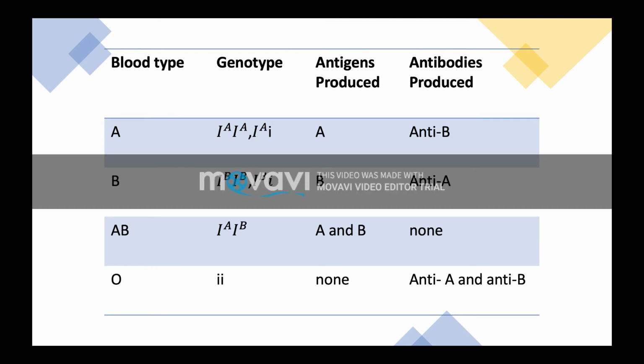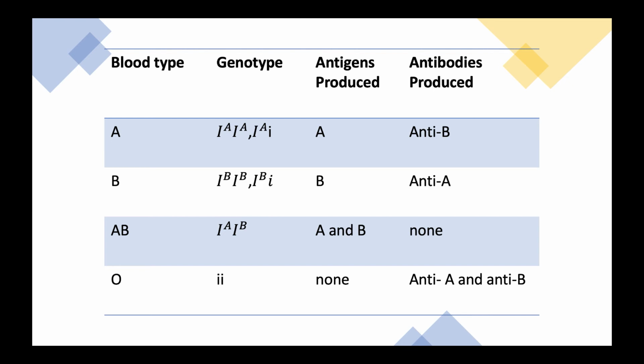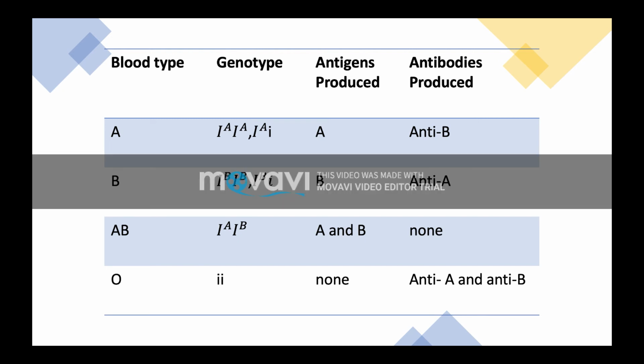Let's talk about the antigens that are present in each blood type. So we see that blood type A has A antigens and produces B antibodies.